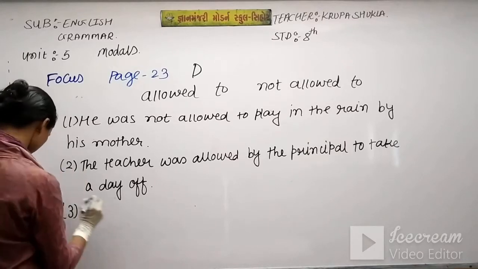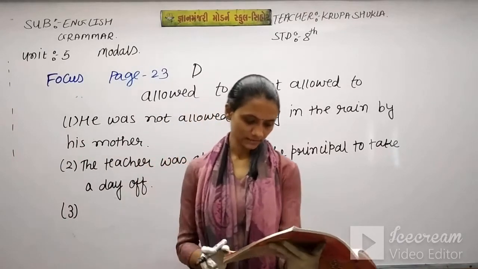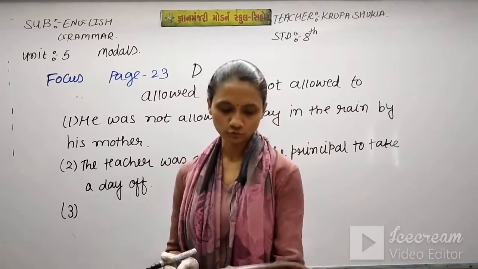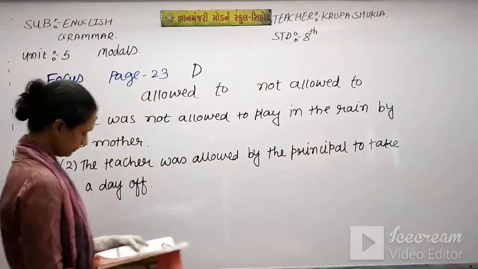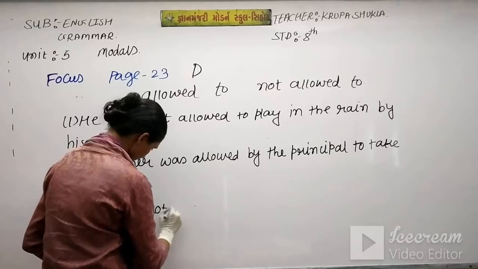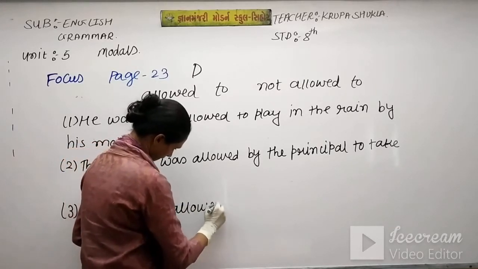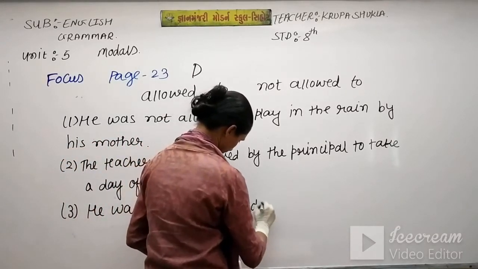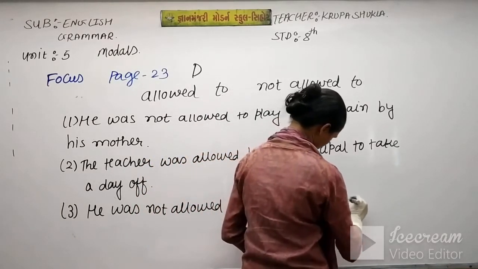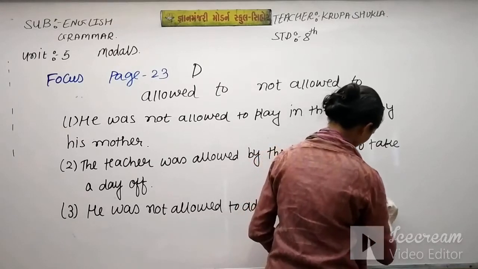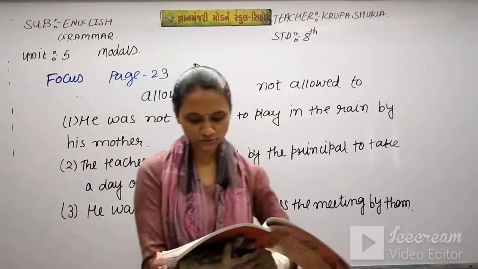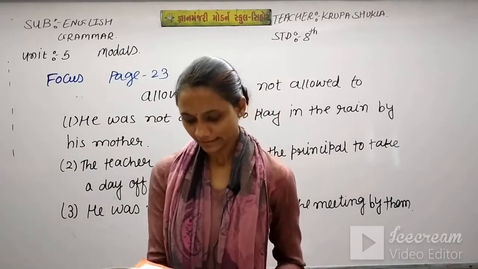Number 3 is he wanted to address the meeting, but they did not give him permission. So it means he was not allowed to address the meeting. And number 4 is she wished to explain her strange behavior. They gave her permission.